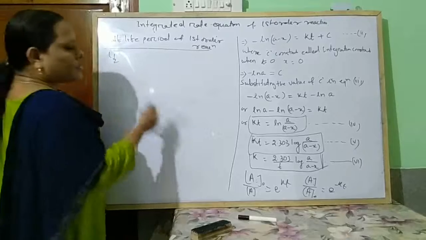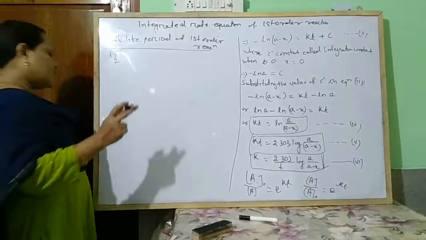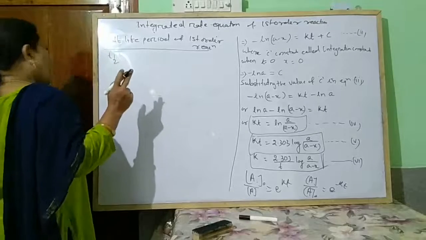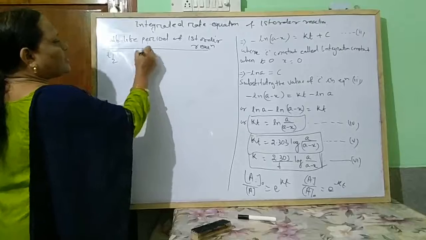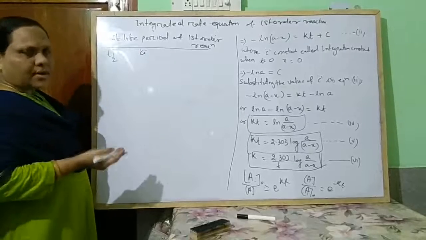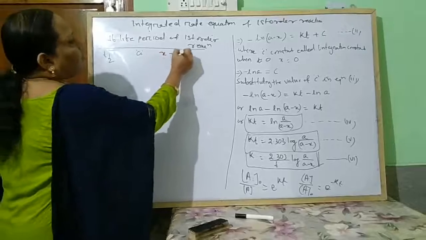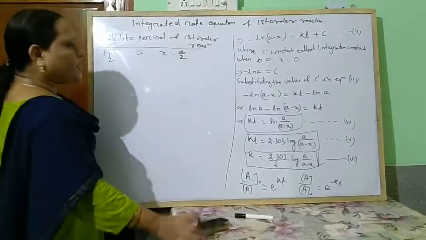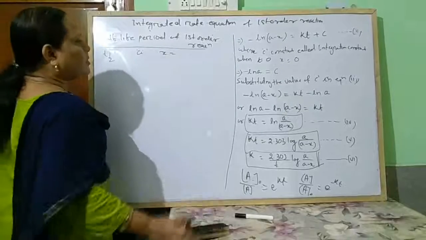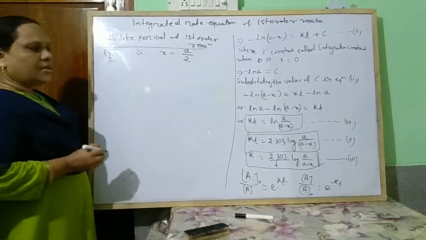At that time, suppose the initial concentration is a moles per liter, then x at half-life period equals a by 2 moles per liter.